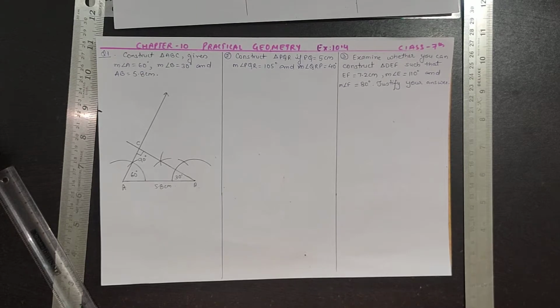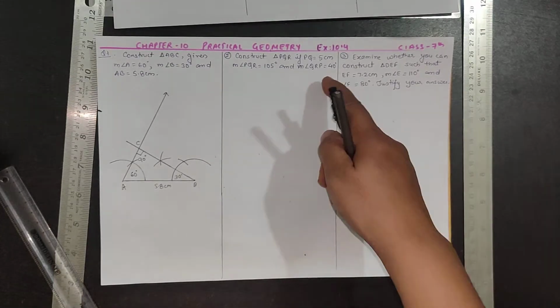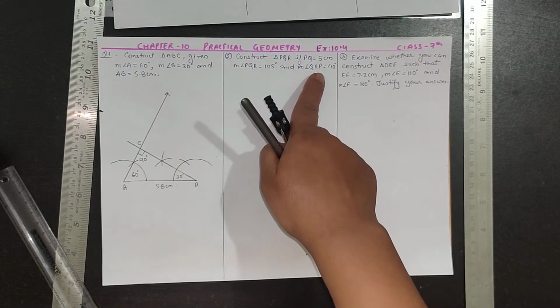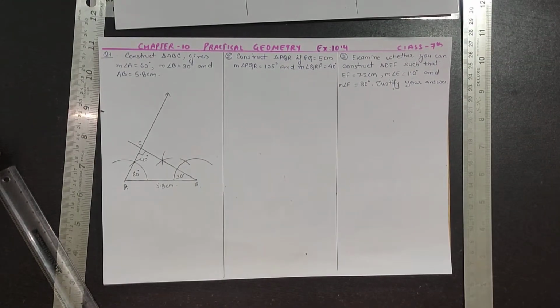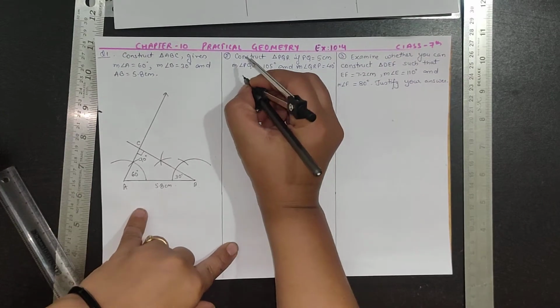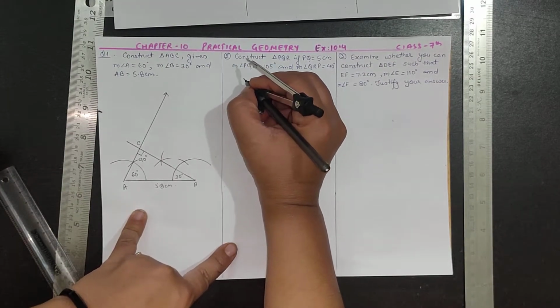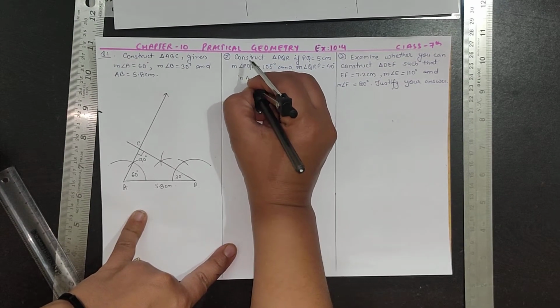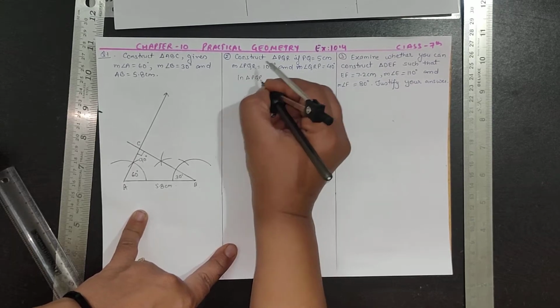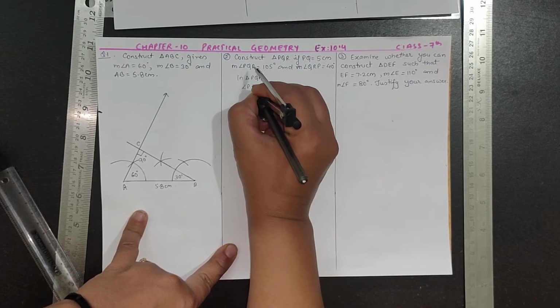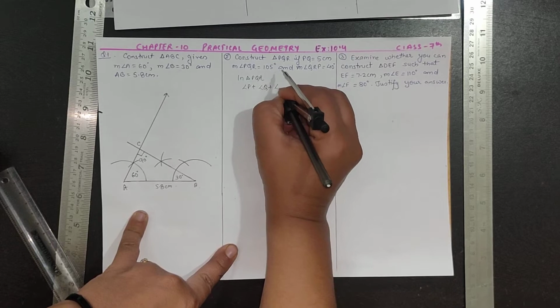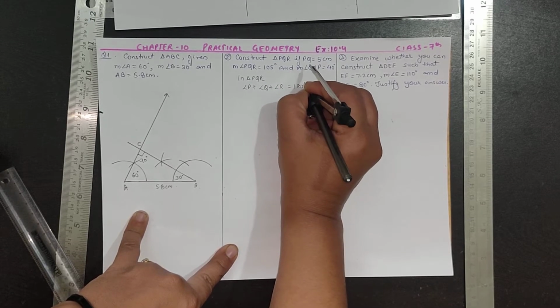Then question number 2: you need to construct triangle PQR. PQ is given, angle Q is given and angle R is given. So just recall the angle sum property. In triangle PQR, angle P plus angle Q plus angle R should equal 180 degree.